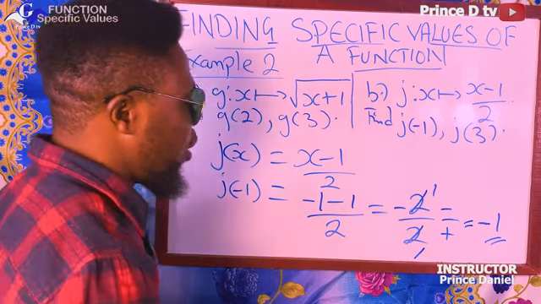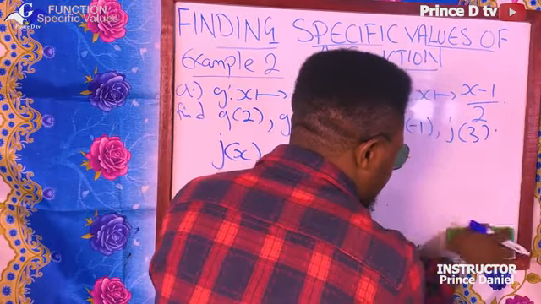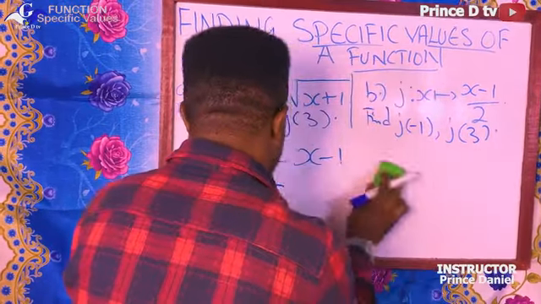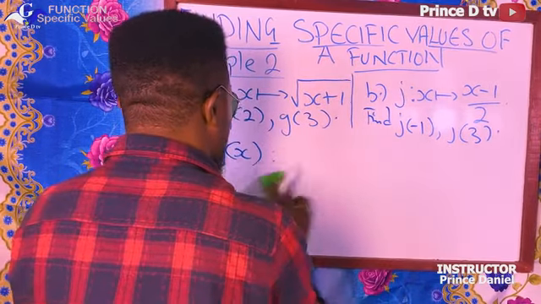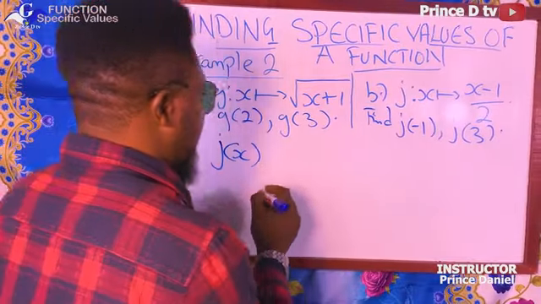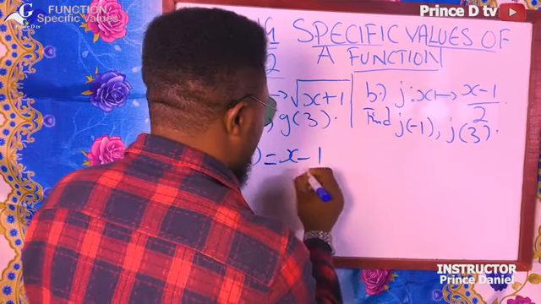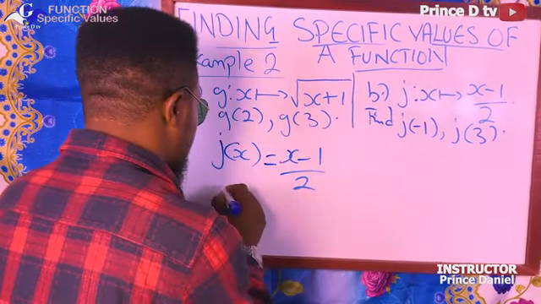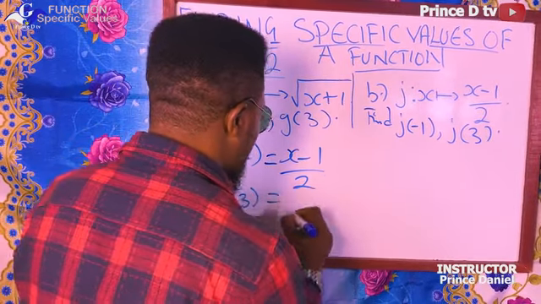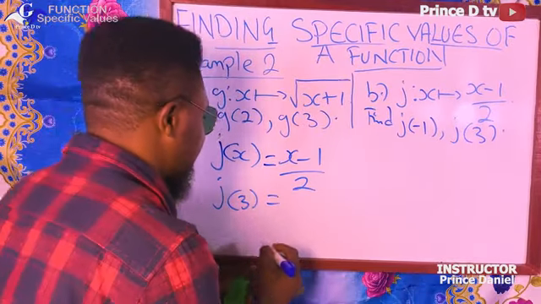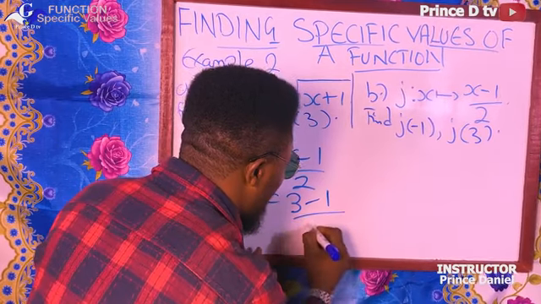Okay? J of 3. All right, so we are going to do that without wasting time. So J of x is equal to x minus 1 over 2. So J of 3 is equal to, we are replacing the x with 3. 3, we have minus 1, then all over 2.